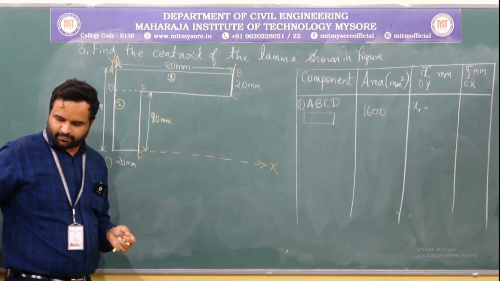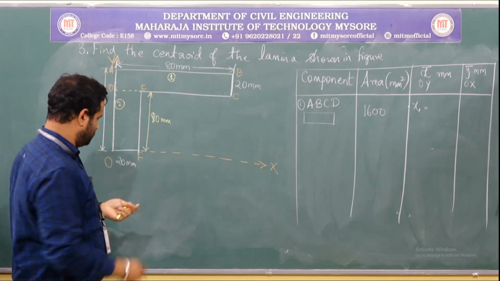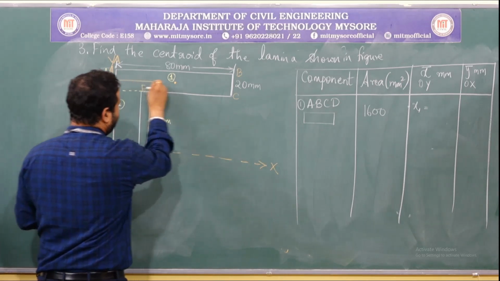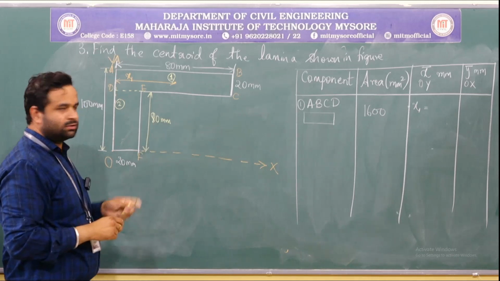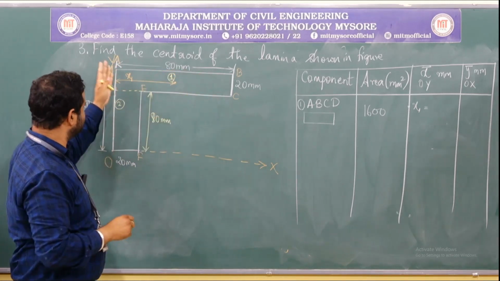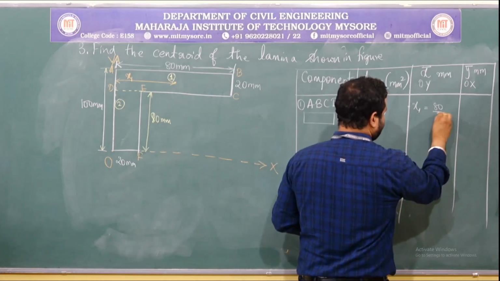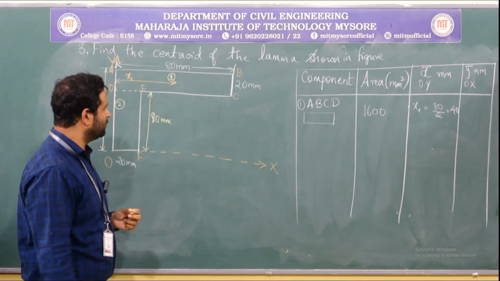OY. So from OY, try to locate its centroid. This is what? x1. So x1 from this axis will be 80 by 2, which is 40.